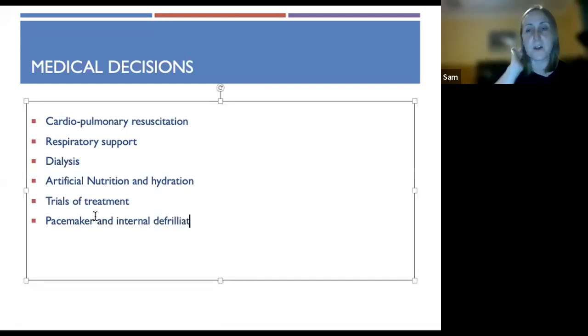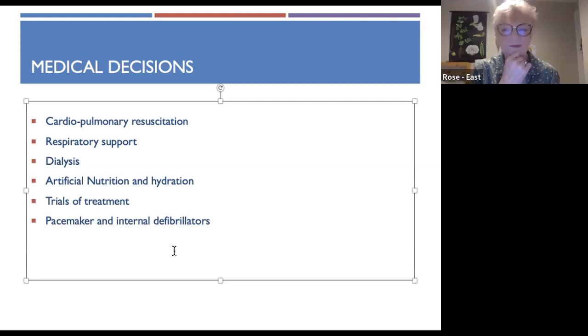Internal defibrillators can actually cause distress as somebody is entering the end of life, because they will give you a little zap. Actually, I might be understating that, because a gentleman I'm looking after recently says it's quite the shock and can make you feel quite queasy for some time afterwards. That's its purpose.